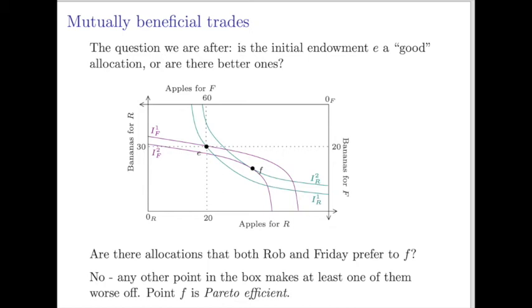Well, let's look at all the things that Rob thinks are better than F. So this is an indifference curve through F. Anything that would be better for him than F would have to be up here. Let's look at Friday's indifference curve through F. It's this one right here. So anything that Friday thinks is better than F would have to be here.